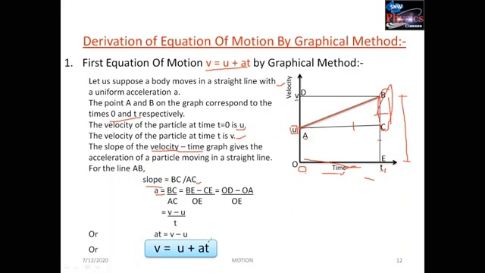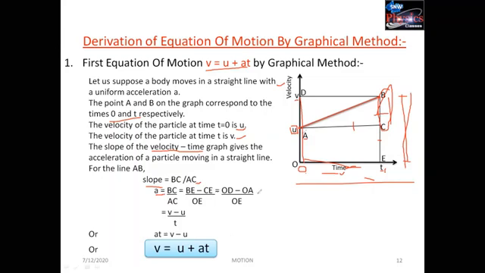Okay, and it is divided by time t. It is divided by OE. OE means t. Okay, now we can write BE, BE means this whole distance, as OD because it is equal.